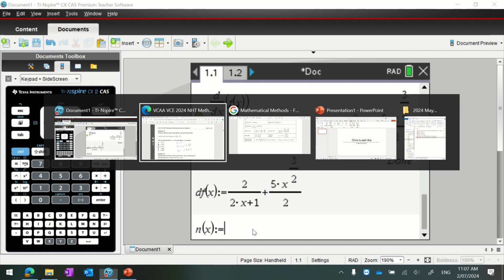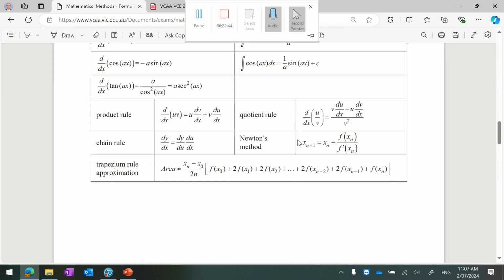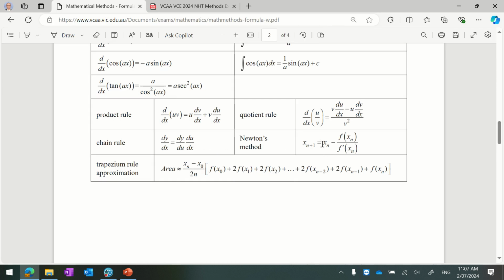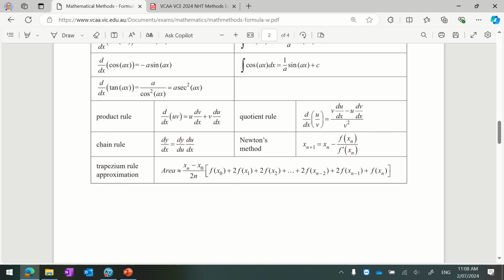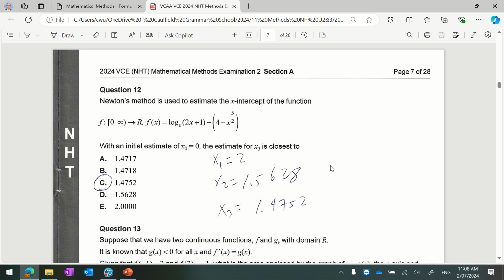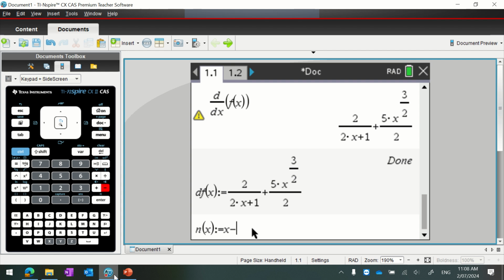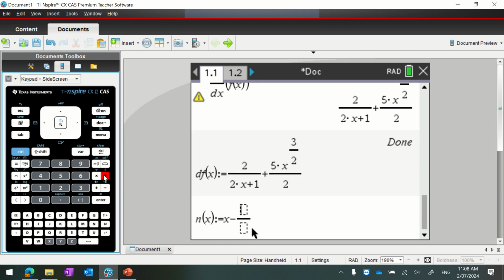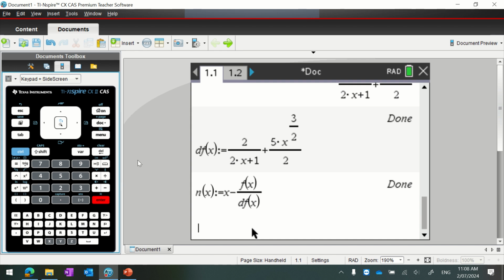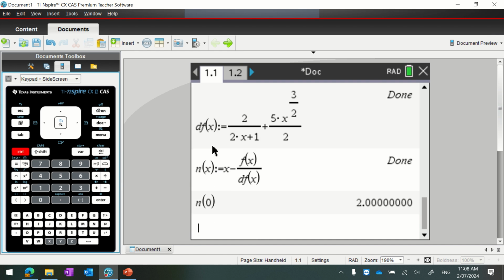And then if you forget, you can just type the formula of Newton's method into your calculator, which goes something like this: x minus f(x) over df(x). And so we can now start playing around.